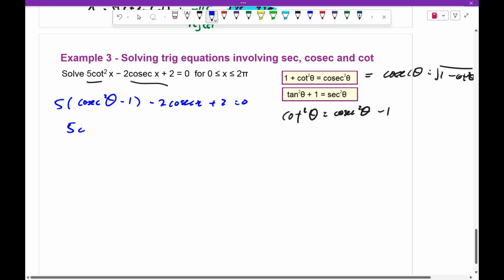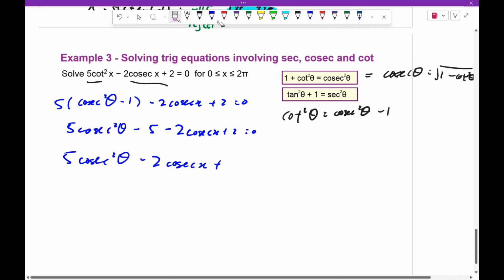So that results in 5 cosec square theta minus 5 minus 2 cosec x plus 2 equals 0. And hence cosec square theta minus 2 cosec x minus 3 equals 0.